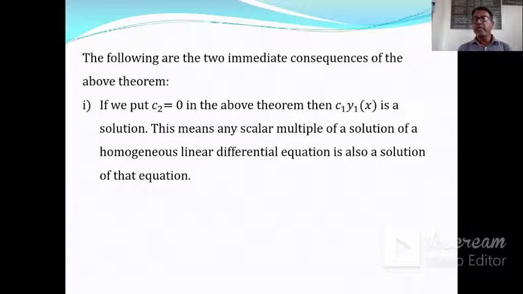This means that if y1 is a solution of the nth order homogeneous linear differential equation with constant coefficients, that is equation 5, then its scalar multiple C1 y1 of x, where C1 is a constant, is also a solution. Means if y1 is a solution, then its scalar multiple is also a solution.